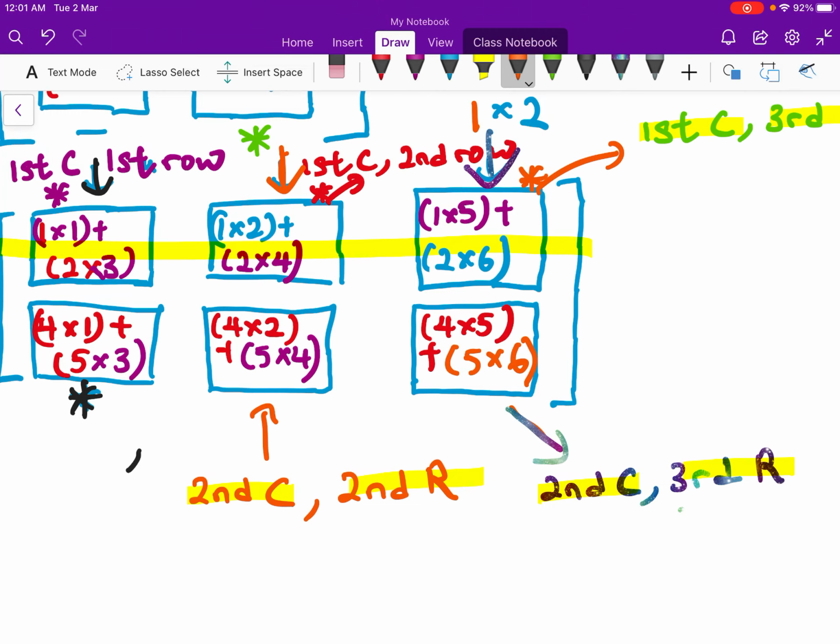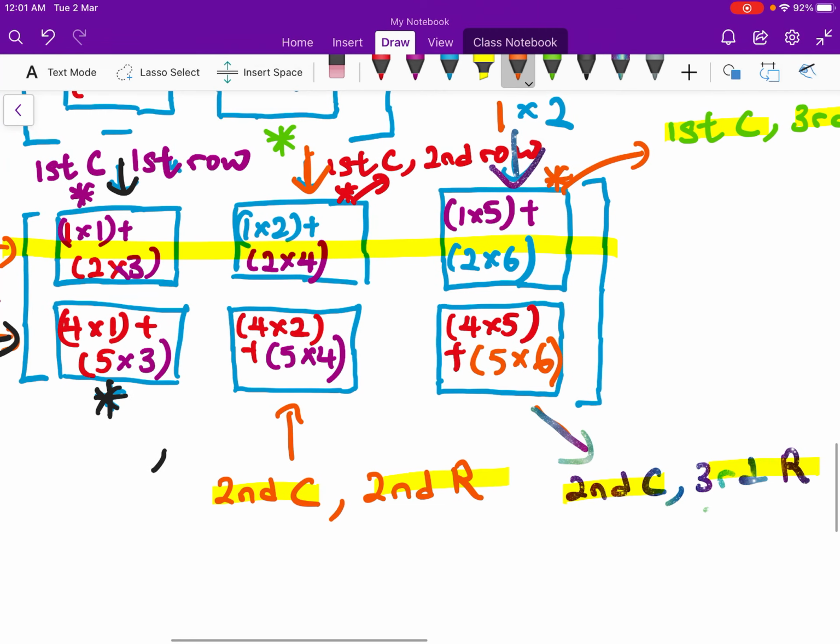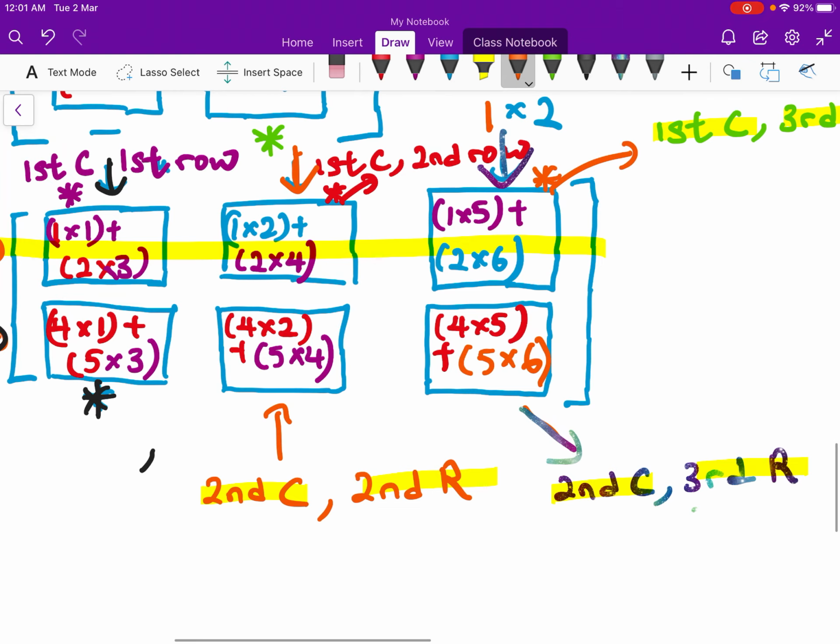So now what is left is just to calculate every element. Just put an equal sign here. For this one, it is 1 plus 6, so 1 plus 6 is 7. For this one, 1 times 2 is 2, 2 times 4 is 8, so it's 10.